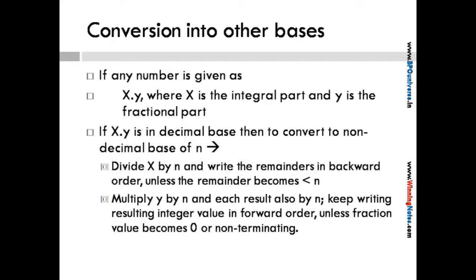Now let us see how you will convert the fractional part into the non-decimal number system. Take the number y, which is the fractional part, and multiply the fraction by n, then whatever result comes, again multiply that by n, and again multiply that by n. You have to keep on doing the same till the fraction value becomes 0 or it becomes non-terminating.